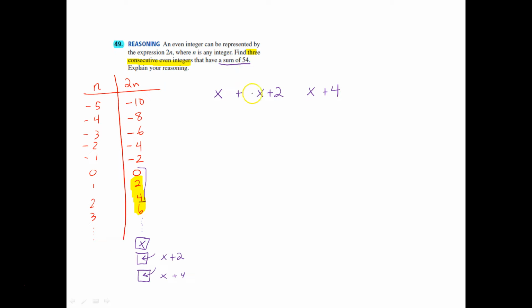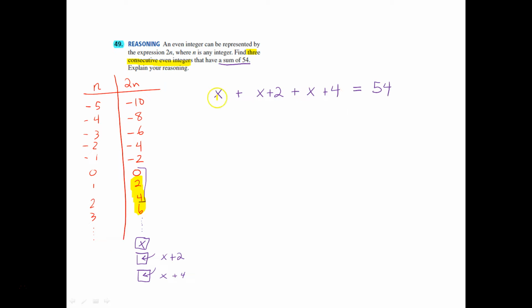So if I add these together, that should equal 54. So now I have an equation that I can solve. So this was my first integer, my second one, and my third one.